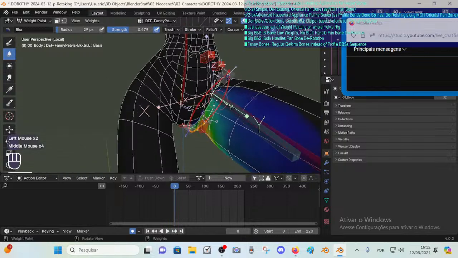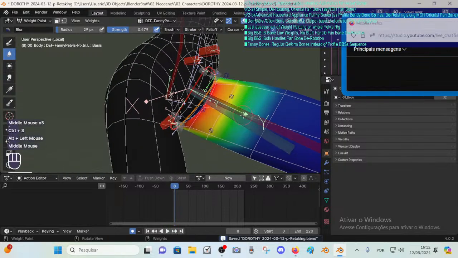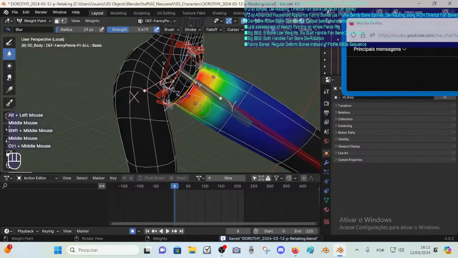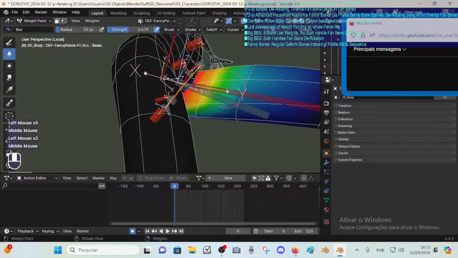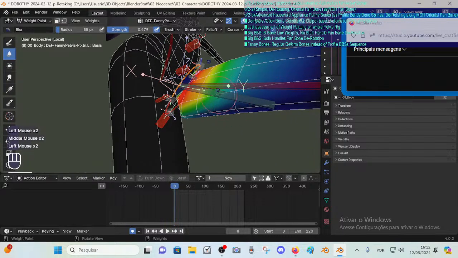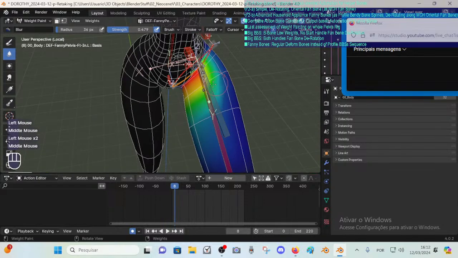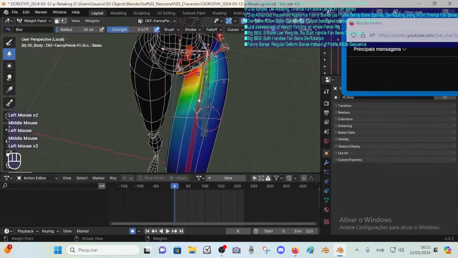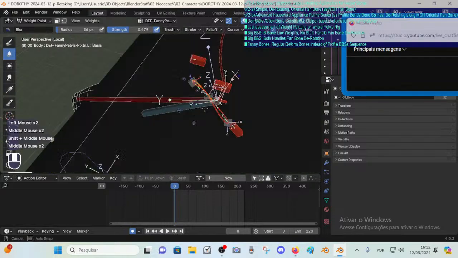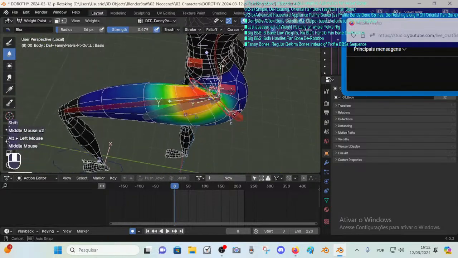Good, so this is one. I'm gonna save. So now this one, I'm gonna blur here. Something about here, and expansion here of the blur, then okay.